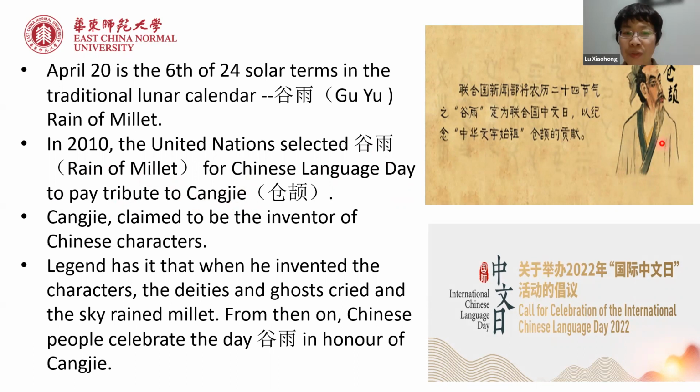He was said to be the inventor, or ancestor, of Chinese characters. Legend has it that when he invented the characters, the deities and the ghosts cried and the sky rained millet. From then on, Chinese people celebrate Gu Yu in honor of Cangjie.